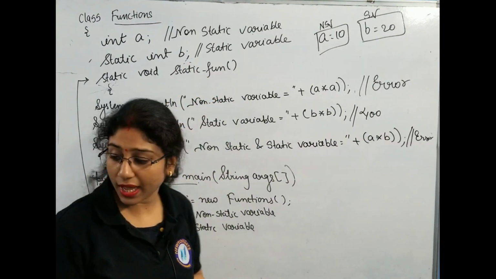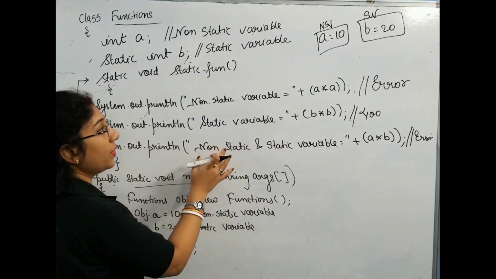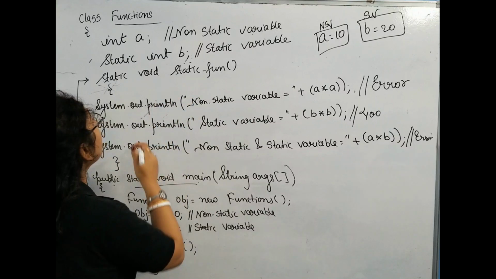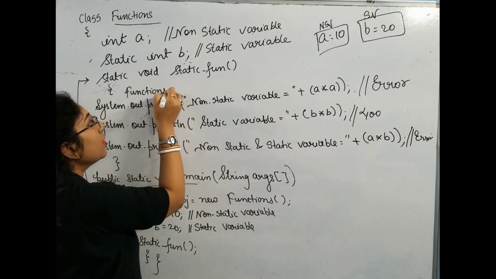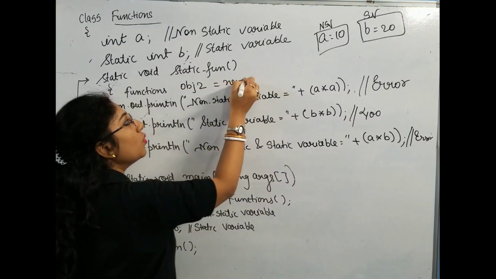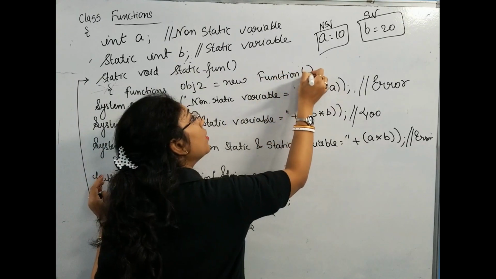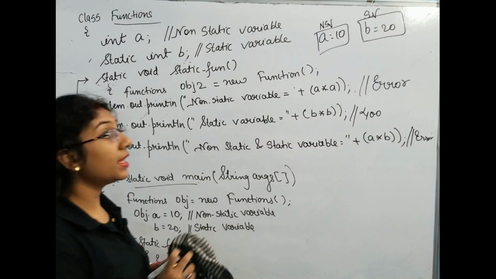So how will we do that? We will simply create an object over here. For creating an object, what will we write? Functions. Suppose I have given the name obj2 equals new Functions. Now here I have directly written obj this a into a.